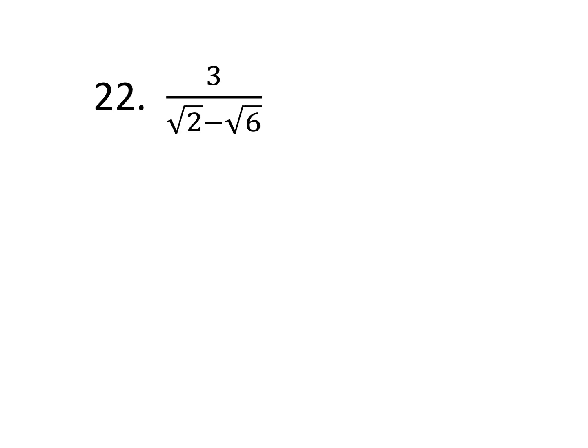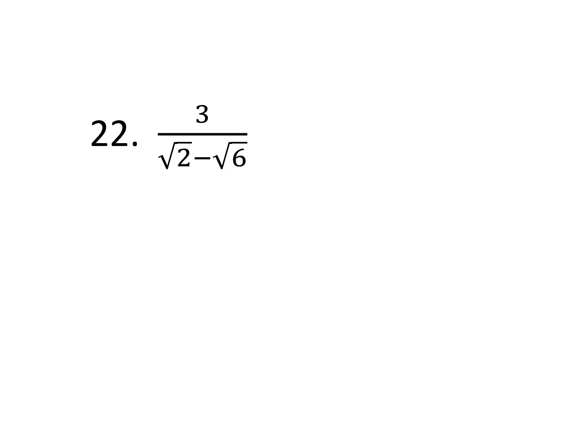I'll do that in black. So when I do 3 times the root 2, I get just 3 root 2. And 3 times root 6. Do I multiply the 3 and the 6? No, I don't multiply to get 18, right? Because 3 is not under the root, so it's just 3 root 6.